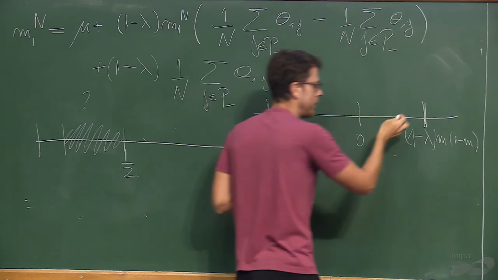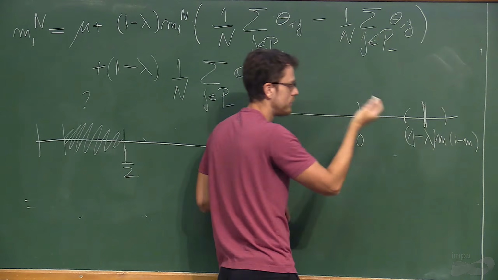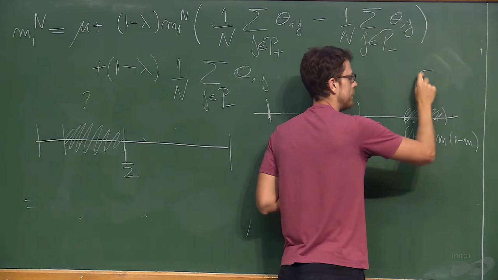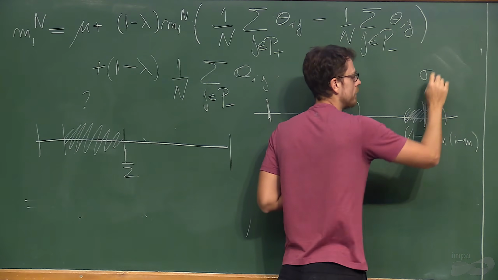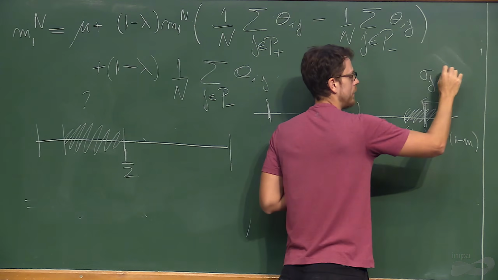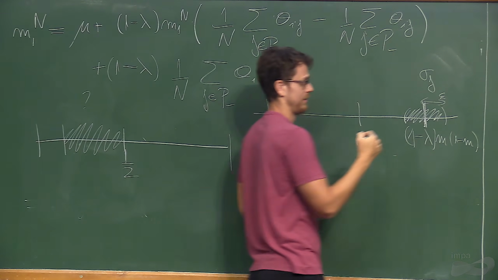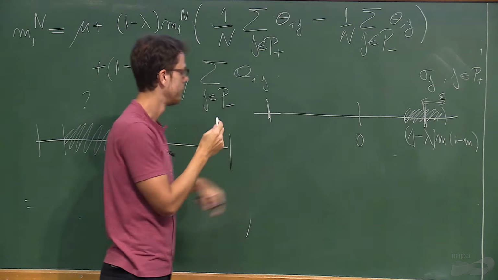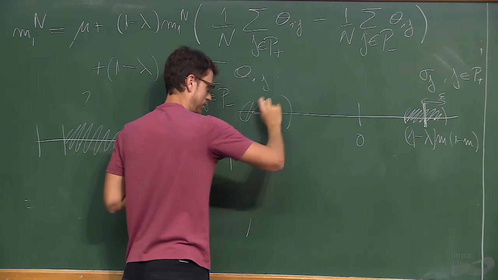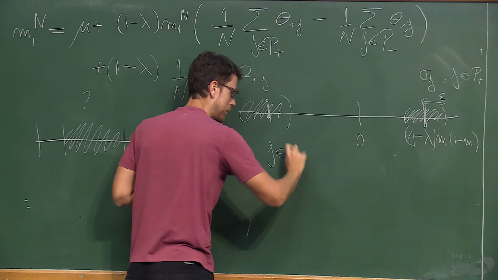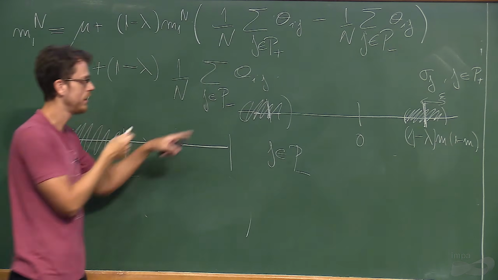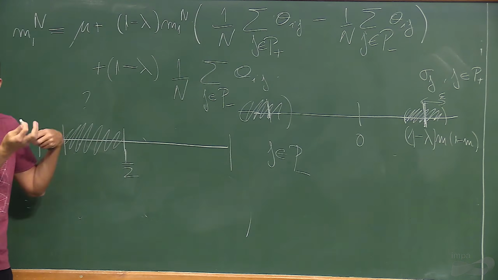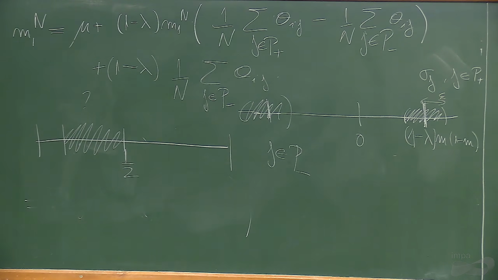And if sigma is very close to this vector uniformly, let's say within epsilon, then I look at the coordinate of sigma_j with j in p plus. Its value is going to be here. And if I take a j which is in p minus, the coordinate of sigma_j is going to be here. So if I look at the signs, I will distinguish between p plus and p minus. Okay? So that's what I'm saying here.